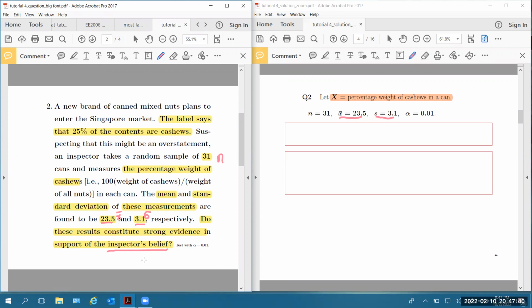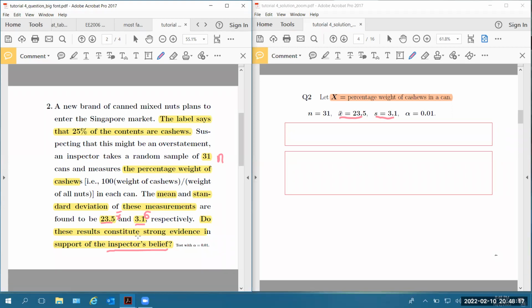Can you all tell me what is the inspector's belief? So now we must go and search, right? What is the inspector's belief? Anyone? Less than 25%. Can you repeat? You say something about less than 25% being cashew, is it? How do you get to this one?